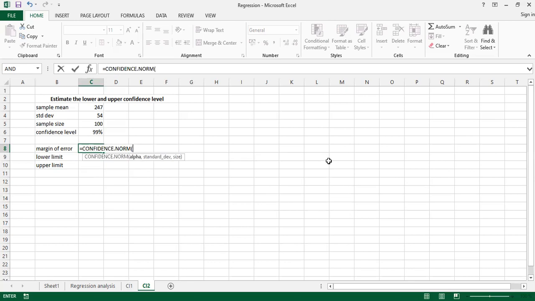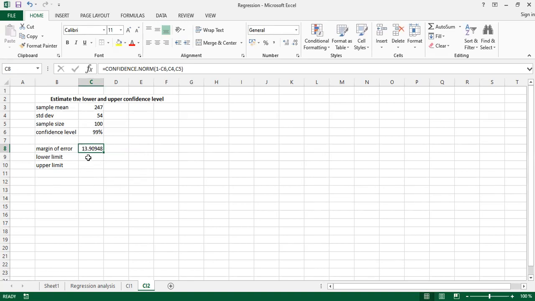Press tab. Under here we've been given 99% confidence, press comma. The standard deviation we've been given here, press comma, and the sample size is here. You close your brackets, you do control enter. So that's the margin of error.